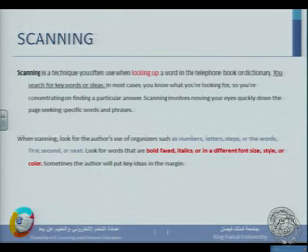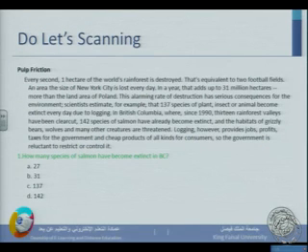So in one passage, for example, like this one, let us do kind of a scanning here. Let's apply scanning to this example. Without reading, just look at the question. The question is, how many species of salmon have become extinct in BC?